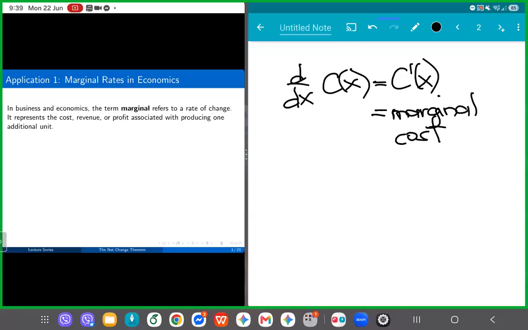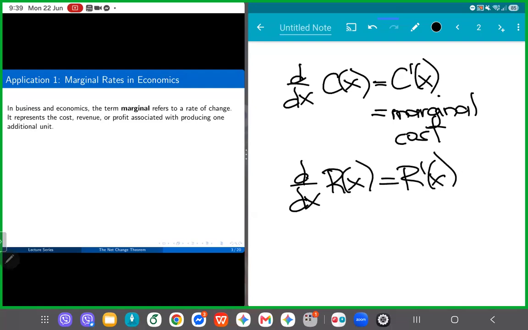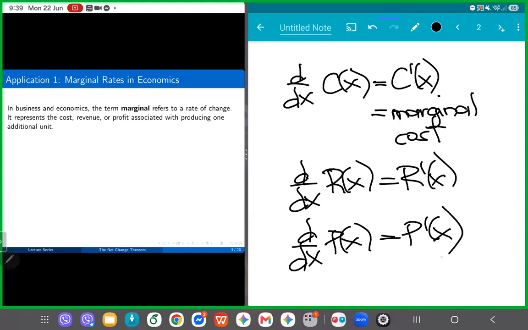So with the other variables, the derivative of revenue is marginal revenue, which is r prime of x in our symbols, using our notation for derivative. The derivative of the profit function is the marginal profit function. And the marginal measures the rate of change.